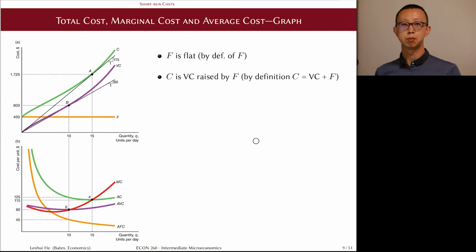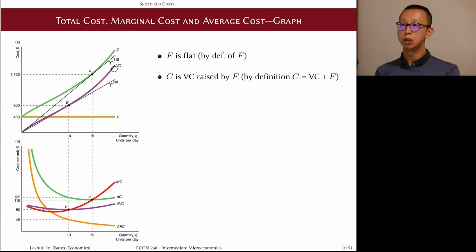Here on the slide, I just put the same graphs on the left-hand side. First, note that the gap between the total cost and the variable cost curve is always the same, and it is exactly the height of the fixed cost curve. This is because by the definition of these costs, the total cost is just the sum of the variable cost and the fixed cost.